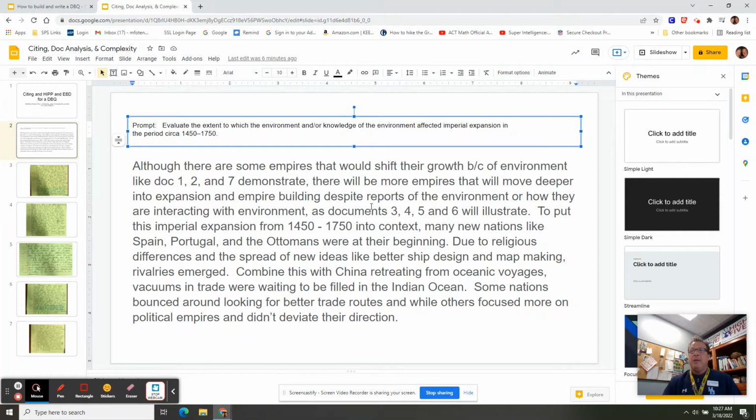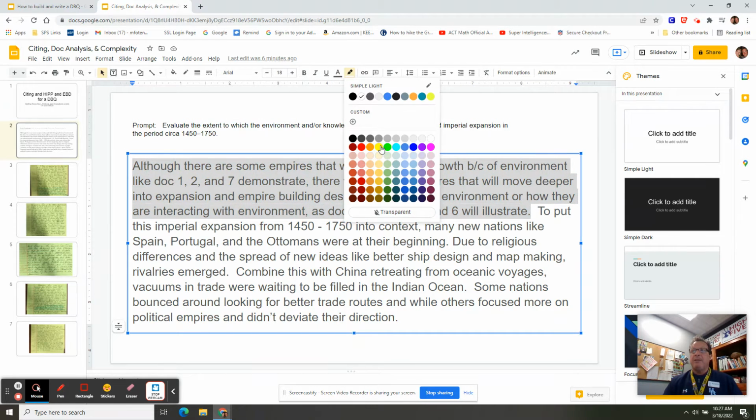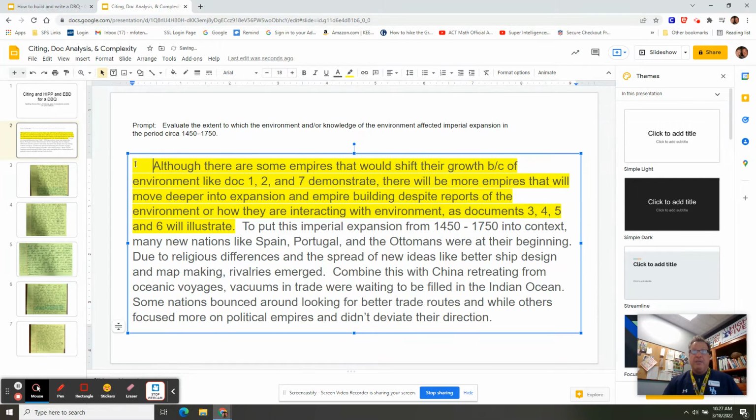And so here's what ours was in this one. This is a decent one, and I'll highlight this. I highlighted this the other day, and I like to indent, so let's indent. Although there are some empires... I'm not going to read that to you, but you can see this is how we're going to build our essay from henceforth.